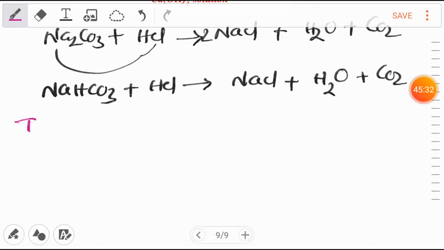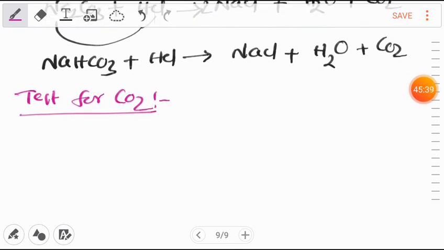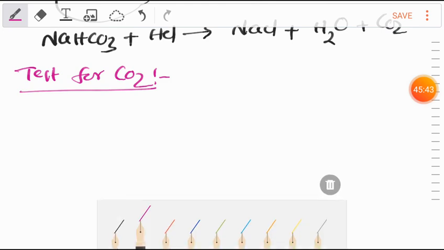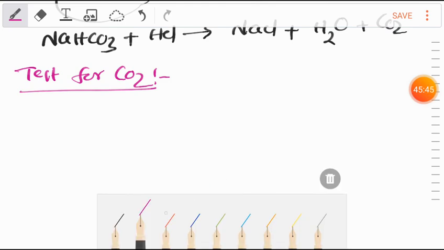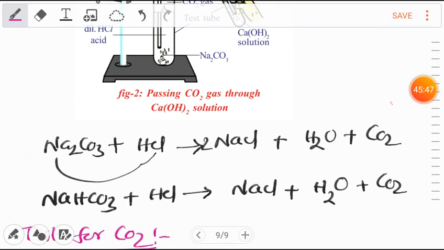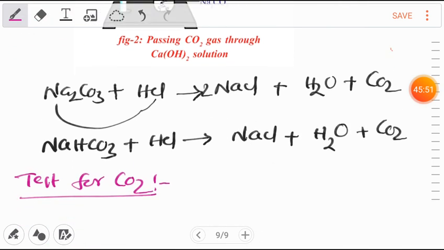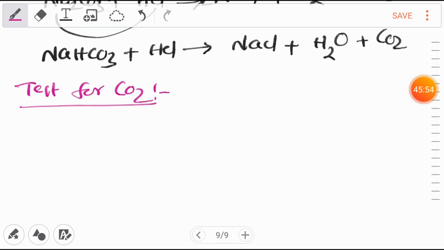Test for CO2, this is very important. We use lime water. What is in the small test tube? That is lime water.